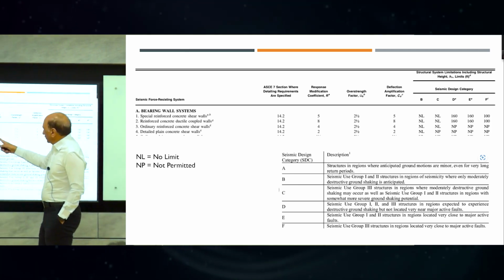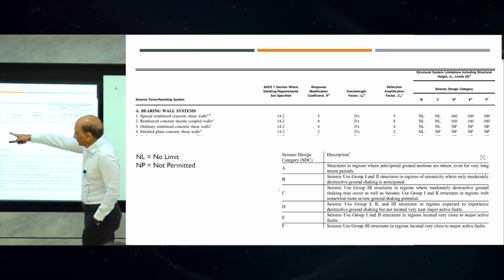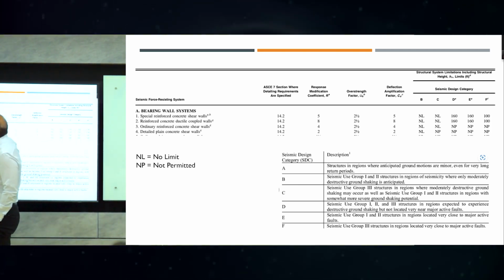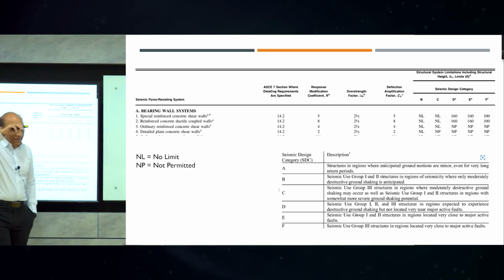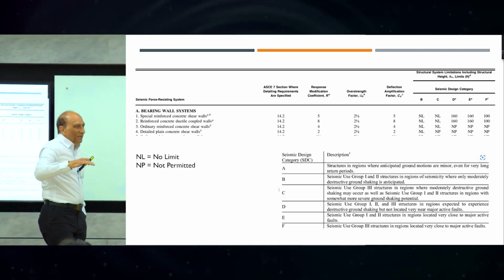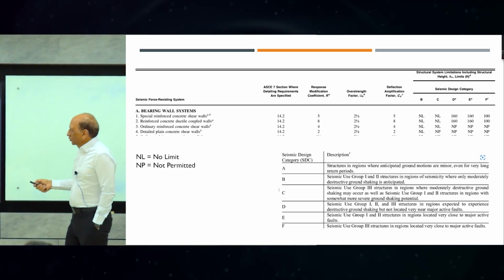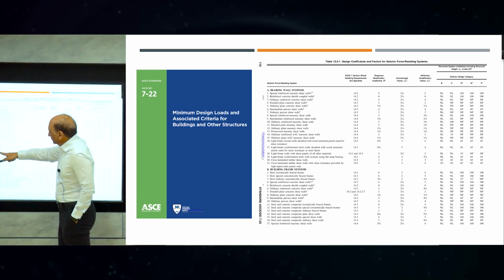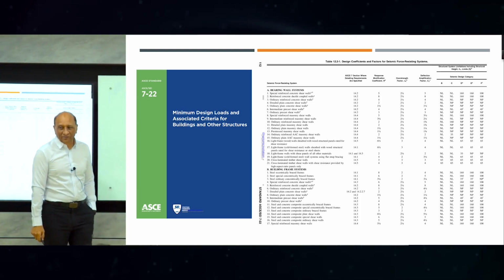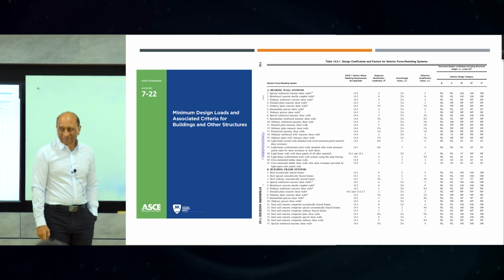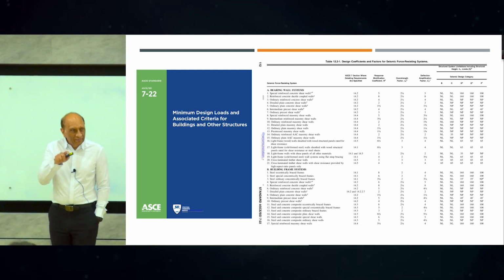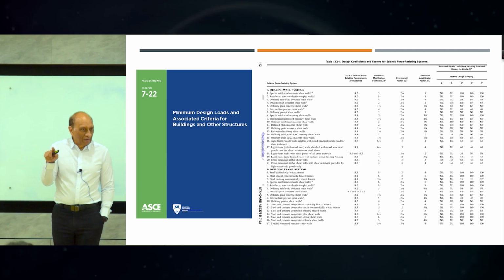For each system, like the bearing wall system, they have several subtypes, many subtypes listed there. If you go back, you will see this bearing wall system. There are 21 types of bearing walls in the code, right? For each type, they have given some numbers.